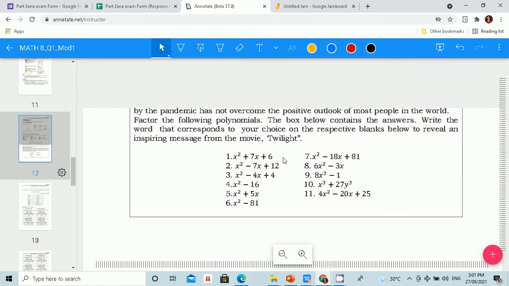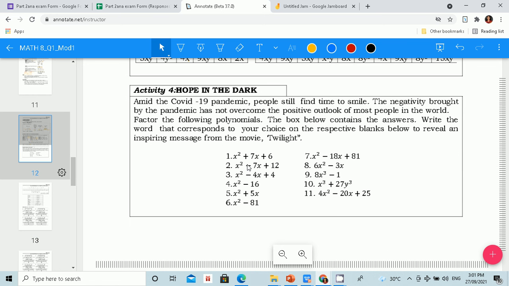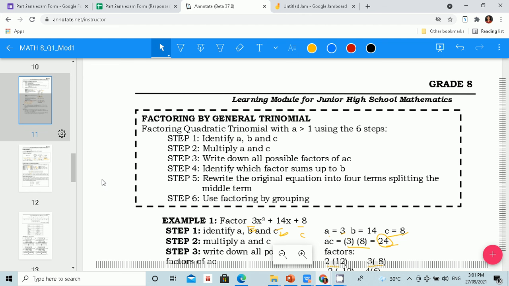Alright, so x squared plus 7x plus 6. How can we factor that one?